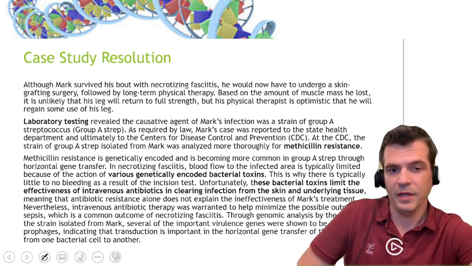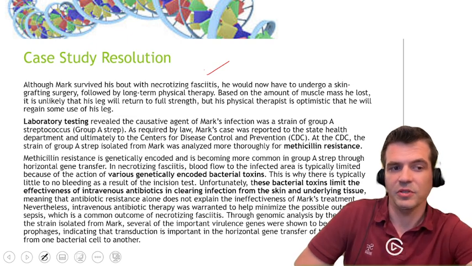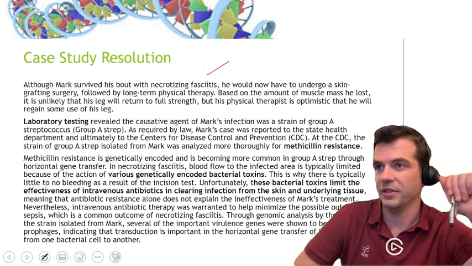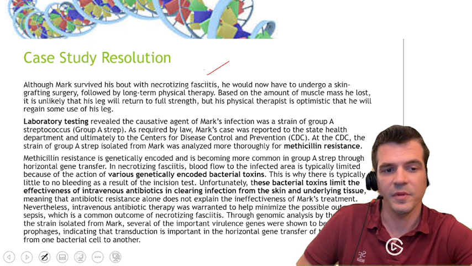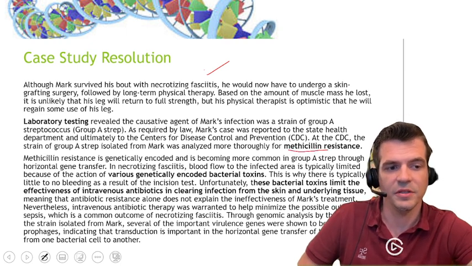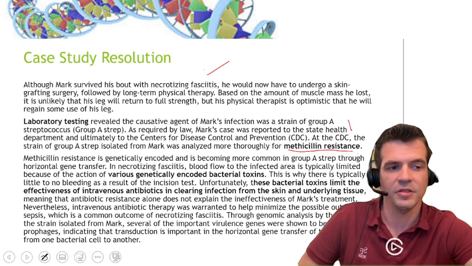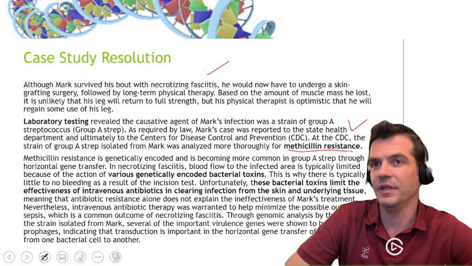Okay, so he survived. Okay, lost a lot of muscle mass like we talked about. Physical therapist is optimistic. Laboratory testing did confirm resistant streptococcus. Okay, and as necessary, it needs to get reported to the CDC.